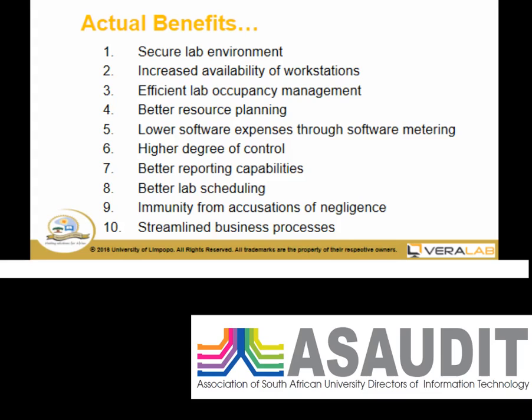Of course, you can see if there's a shortage if at all times all the available licenses are being utilized, because that means those that try to use the application after the limit will always be kicked out. They will not be able to launch the application. Then lower software expenses through software metering. This one I think I have already said much about.